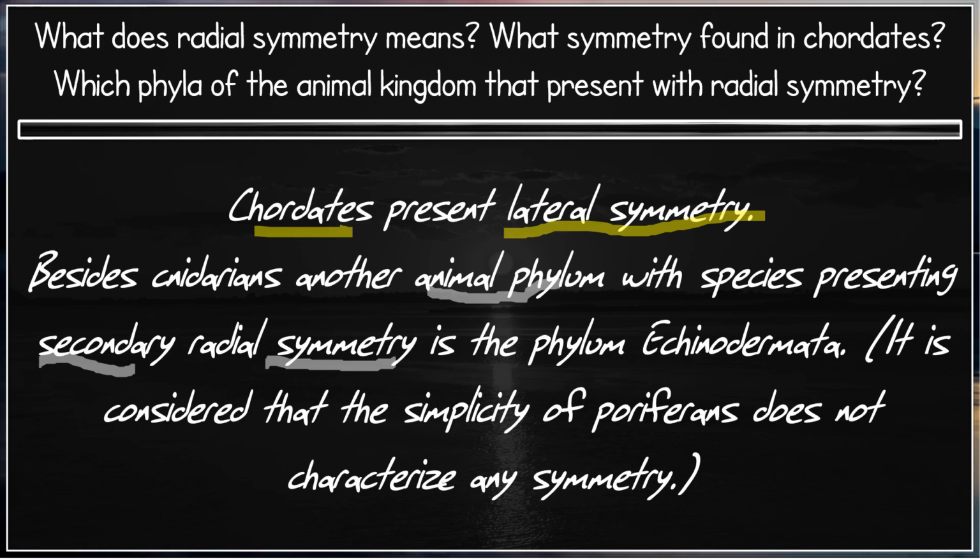Besides Cnidaria, another animal phylum with species presenting secondary radial symmetry is phylum Echinodermata. It is considered that the simplest of poriferans do not characterize any symmetry.